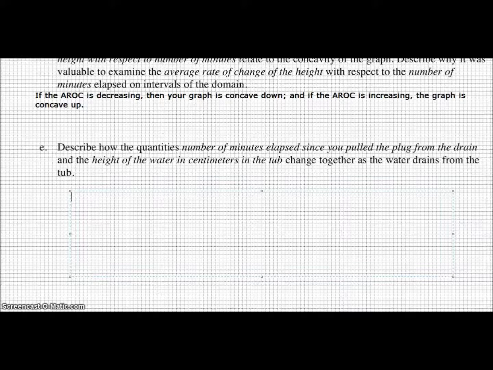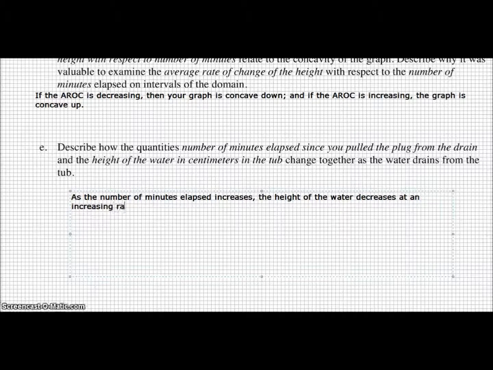Well, as the number of minutes elapsed increases, the height of the water decreases at an increasing rate. Is that right? Let's see. I think so. I'm just going to make that 2 sentences though. Furthermore, the rate of change of the height with respect to time is increasing.